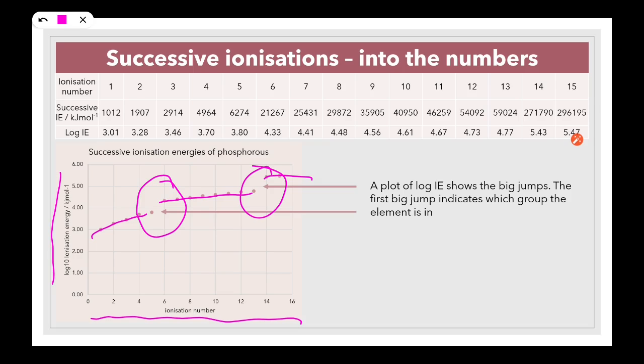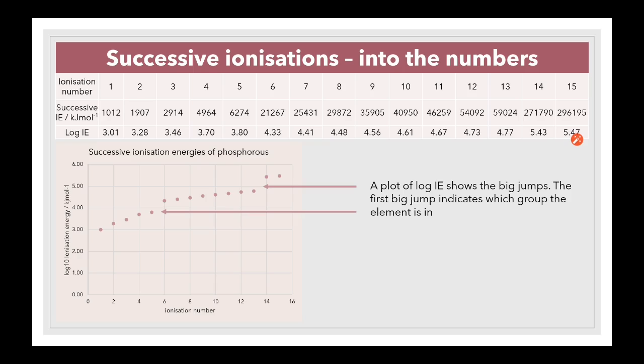These jumps become really important because when we look at where these jumps occur, and I've just highlighted one of them here, it's occurring between the 5th and the 6th ionisation energy. So this gives us quite a big clue as to what this element is going to be.